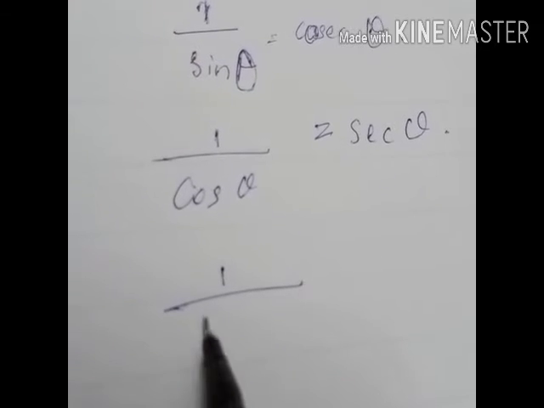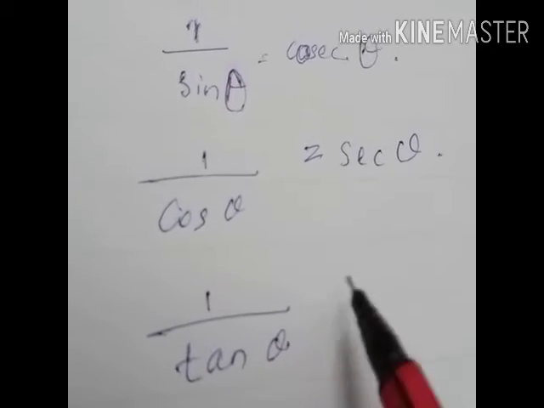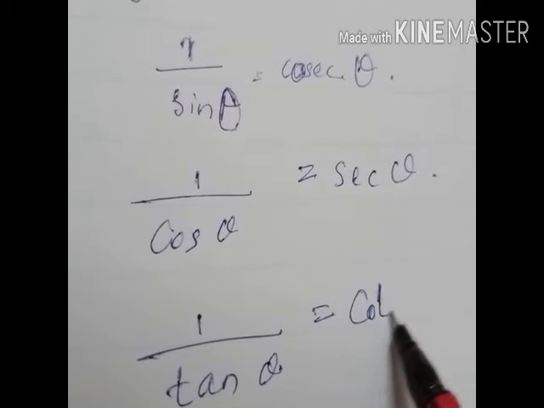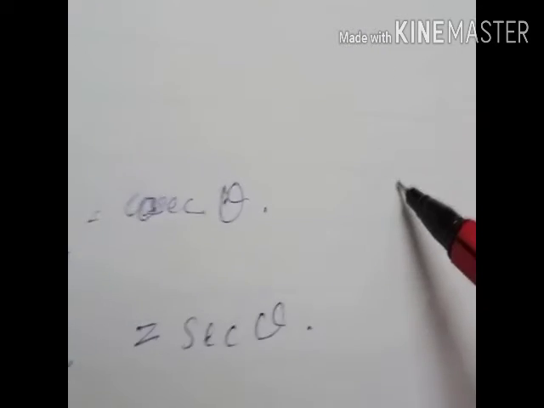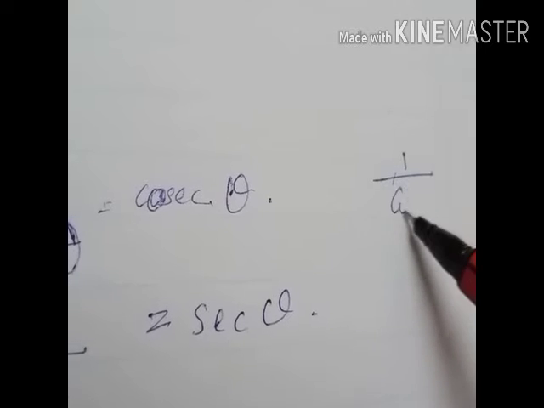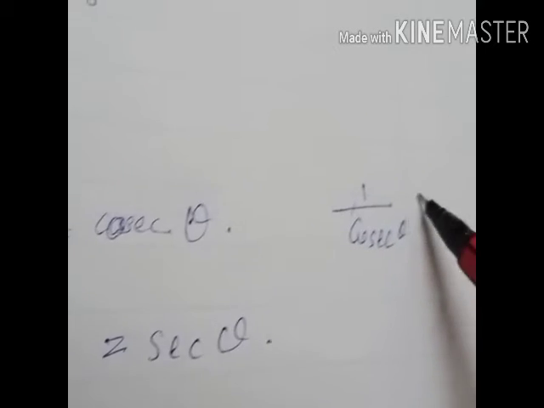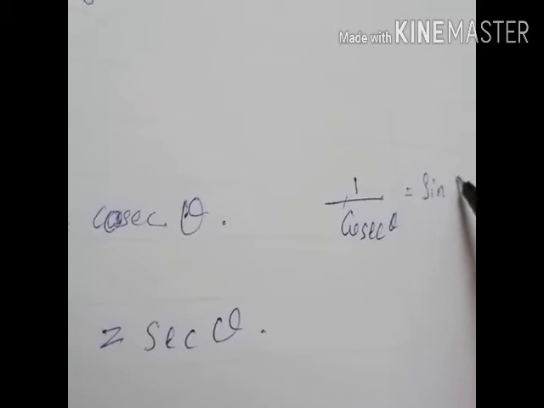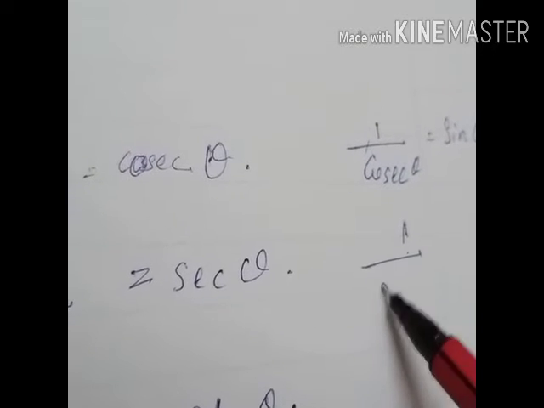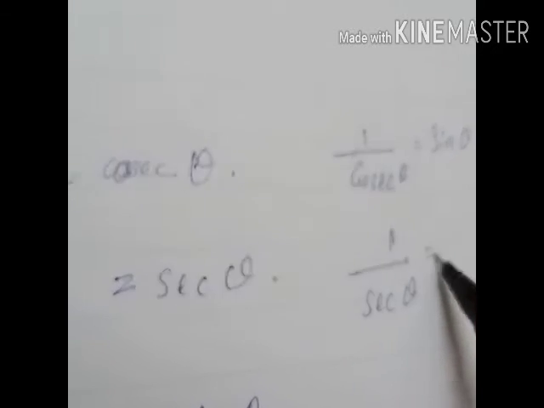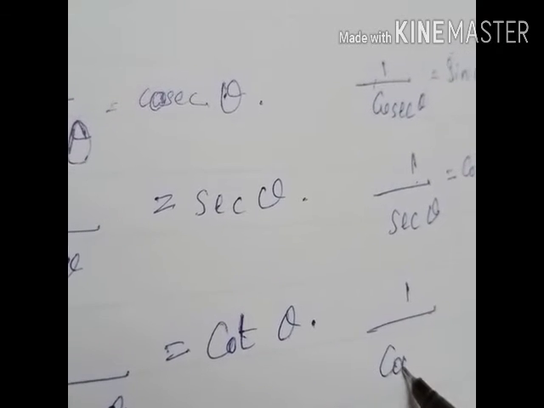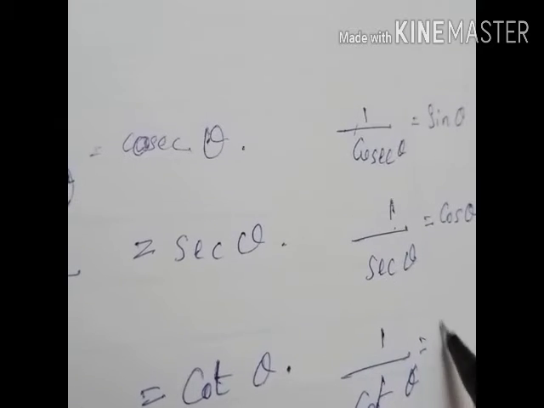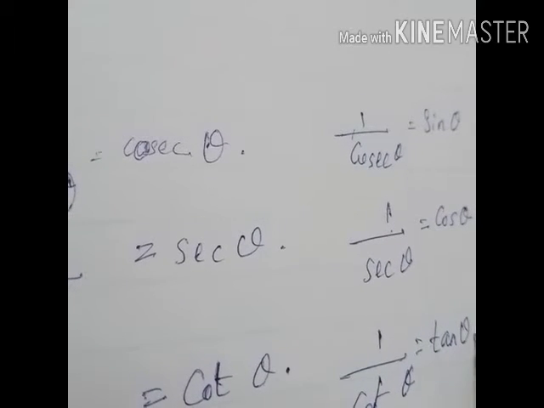Then 1 by tan theta equals cot theta. Similarly, we can write 1 by cosec theta equals sin theta, 1 by sec theta equals cos theta, 1 by cot theta equals tan theta.